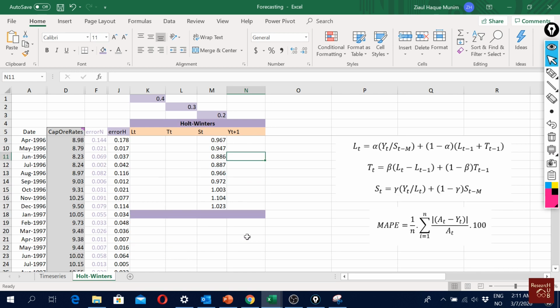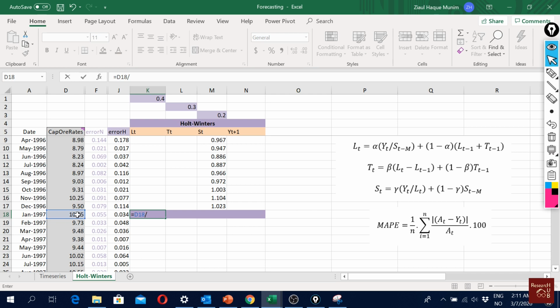So now let's start from January, and let's start from LT. To start off, we will use only the first part of the equation, YT divided by YT minus M. So I'm going to start the equation with YT, the same level, divided by YT minus M. So that would be January.